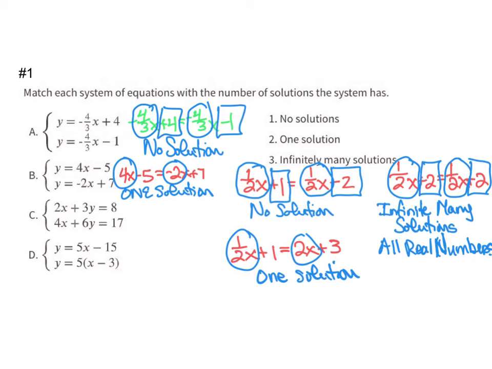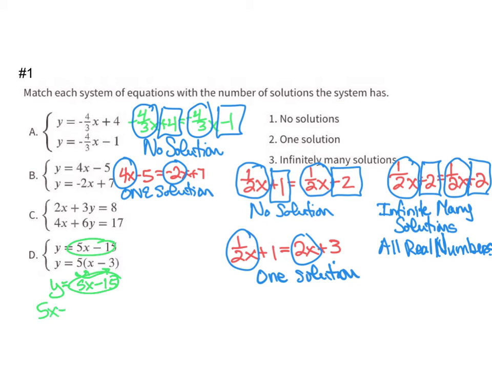Okay, let's move on to C and D. Let's jump down to D for a second. Notice how here I have the distributive property. Let's multiply in our 5. 5 times x is 5x minus 5 times 3 is 15. So we have y equals 5x minus 15. Now I'm going to equal these two equations together.